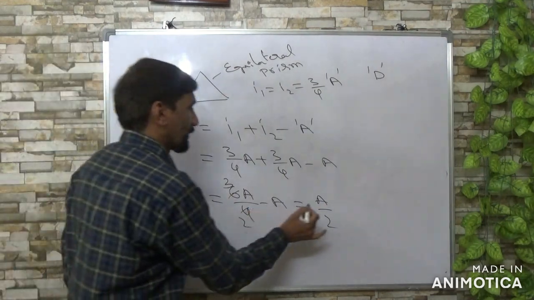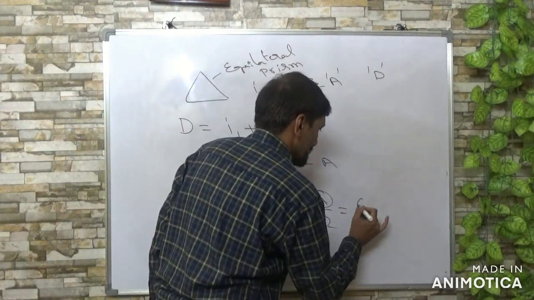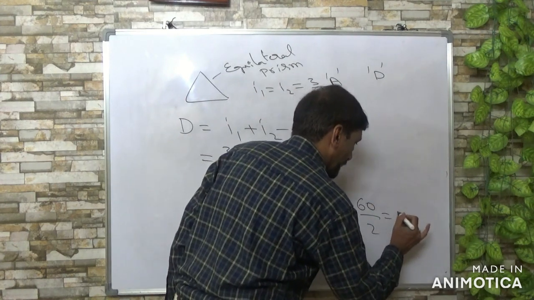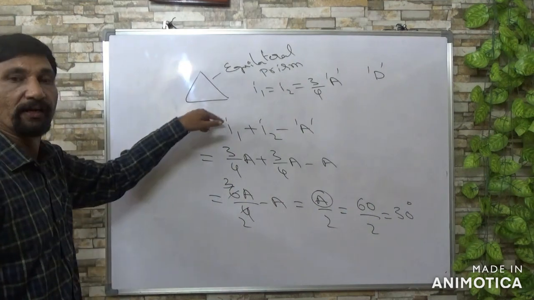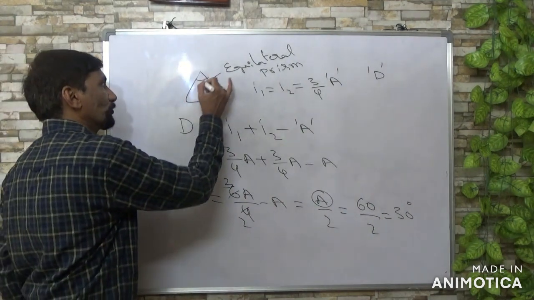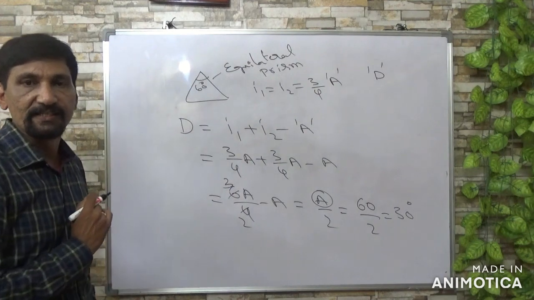The angle of prism is taken as 60 degrees. Why? According to the problem, it is an equilateral prism. In case of an equilateral triangle, the angle, as you all know, is 60 degrees.